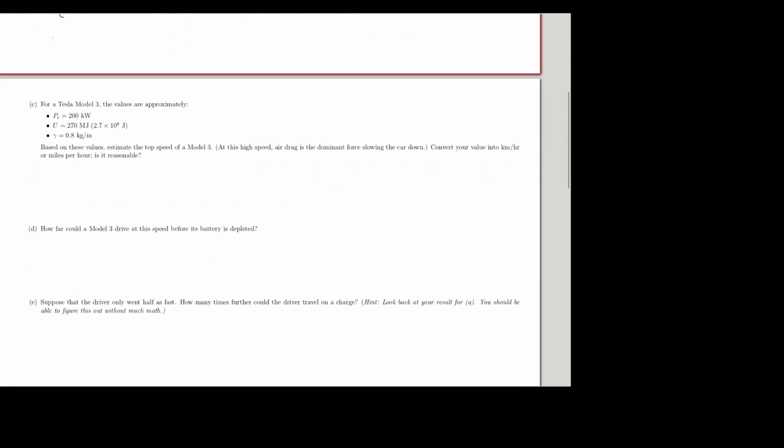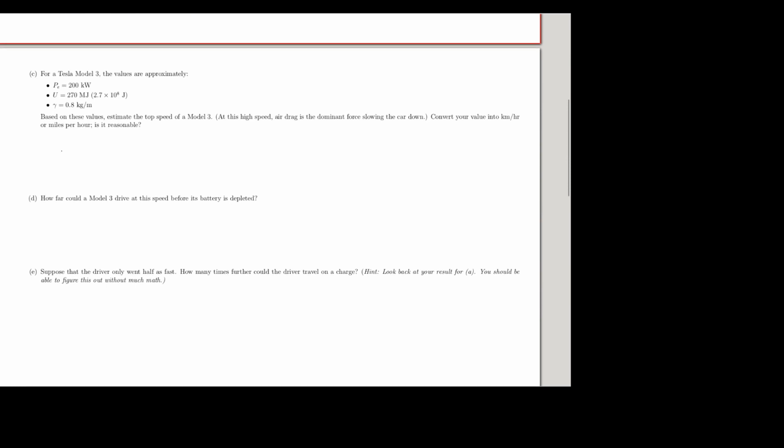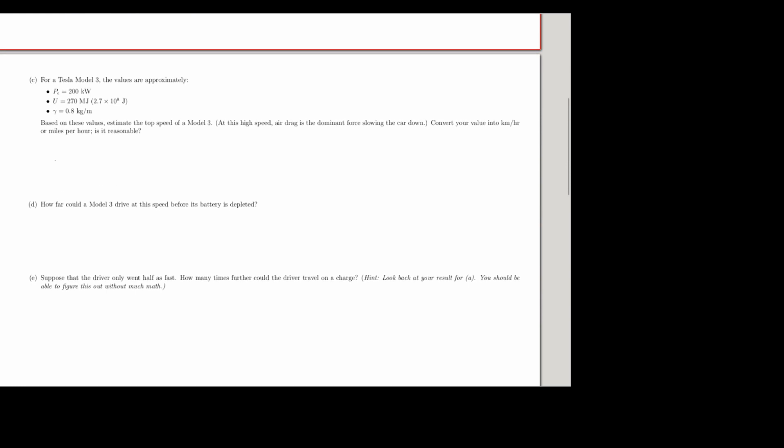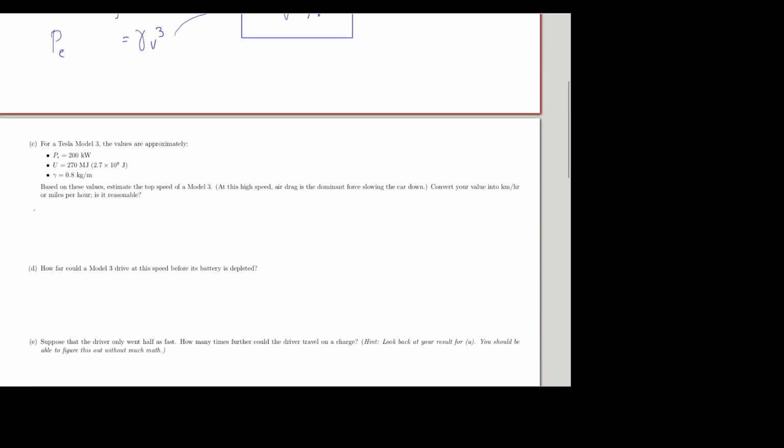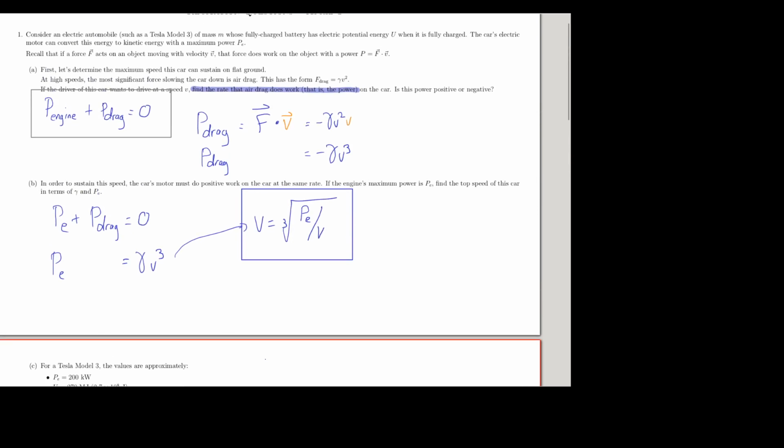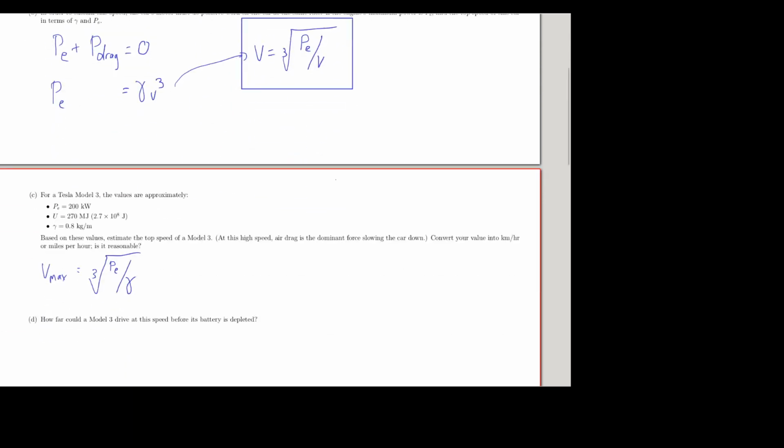Continuing on to the next part, I've given you some values for a Tesla Model 3. So we're going to take the formula from before. We know that the top speed is the cube root of the maximum engine power divided by the drag constant. Gamma here is just a value that tells you how much drag something has.